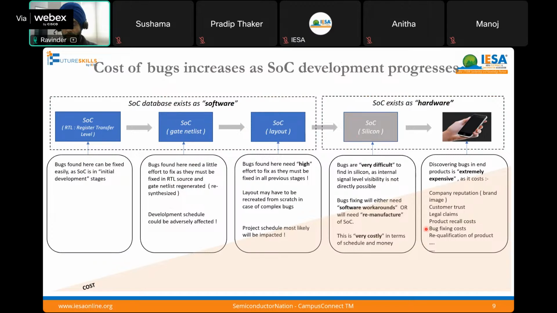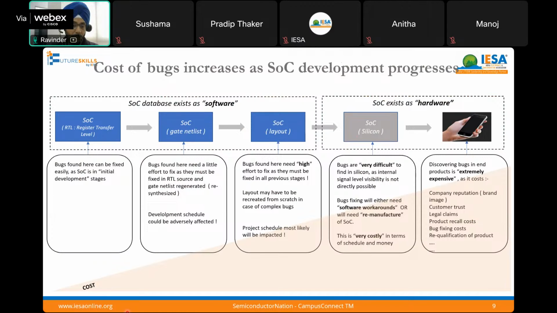Bug fixing costs, of course, are there, and the product has to be requalified if the bug fixing is done before they get into the final product. They cannot enter the final production stage without a requalification. So it's extremely expensive.